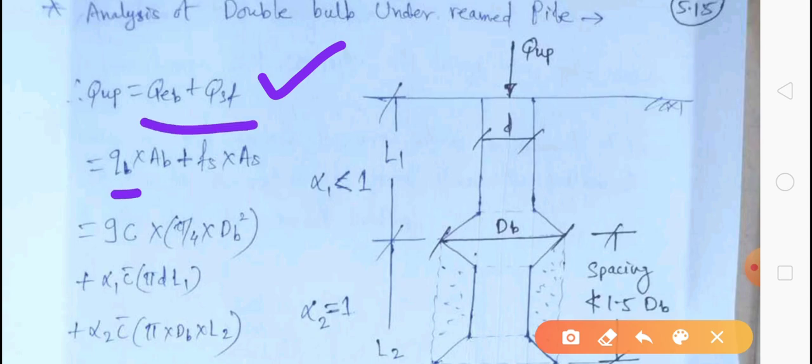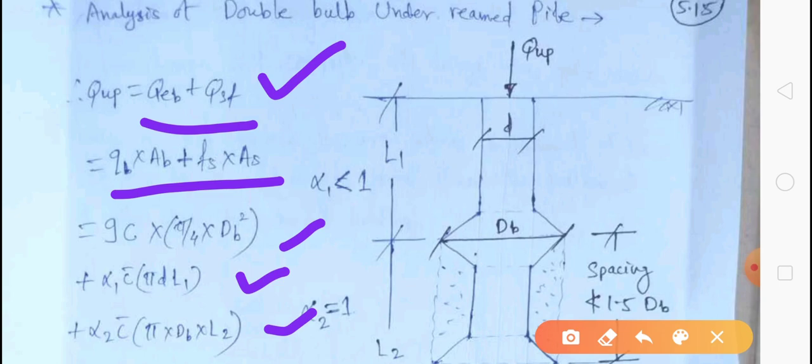This equation is known to you. Putting in the values, for QUB it is 9C into pi by 4 dB square, the increased diameter, and for QSF it is alpha 1 C bar into pi d L1, then alpha 2 C bar pi dB into L2.